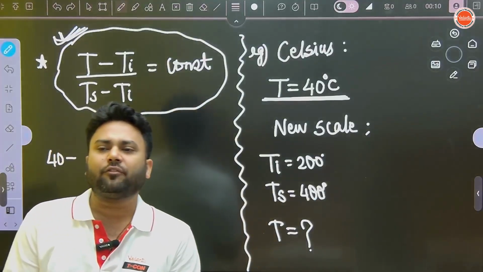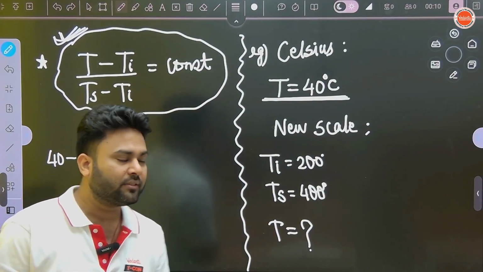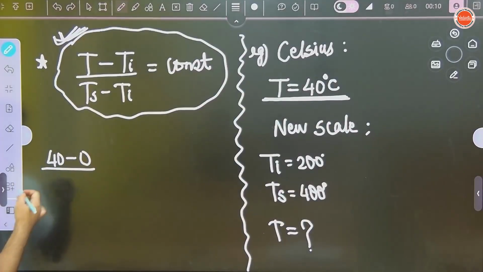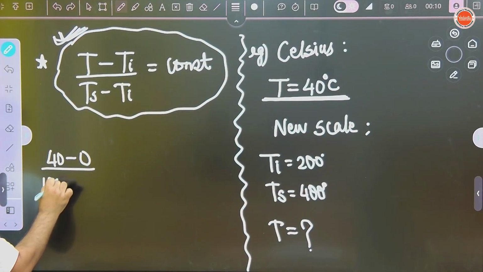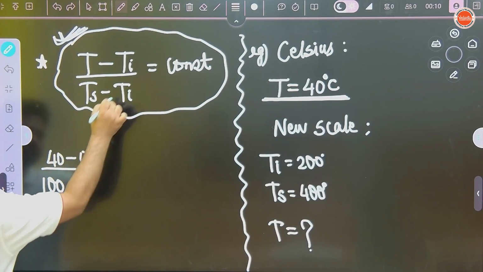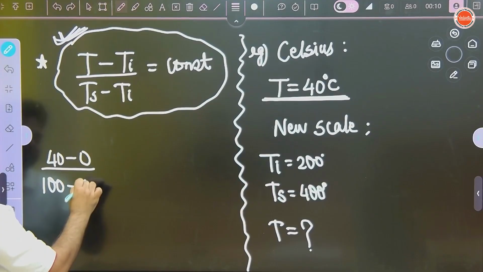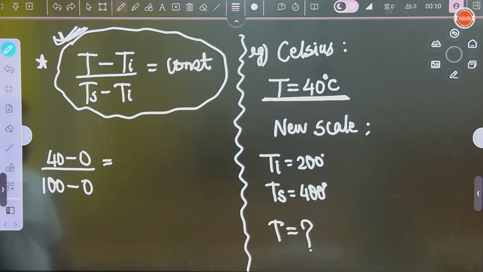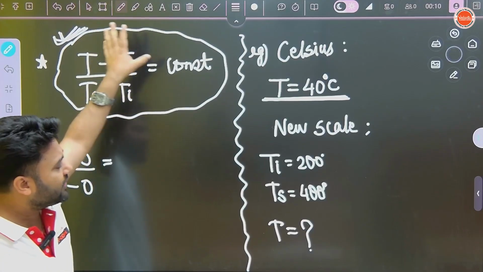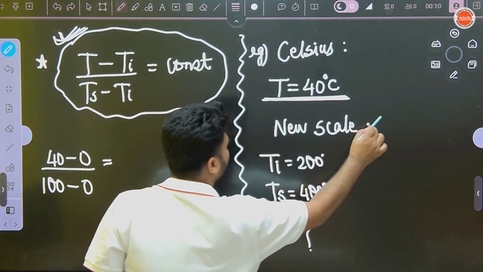What is the ice point for Celsius scale? 0 degree. Divided by steam point. What is the steam point for Celsius? 100 degree. At 100 degree Celsius steam forms. Minus ice point temperature 0, equals, this formula, I told you, is valid for all the scales. So it is valid for the new scale also.